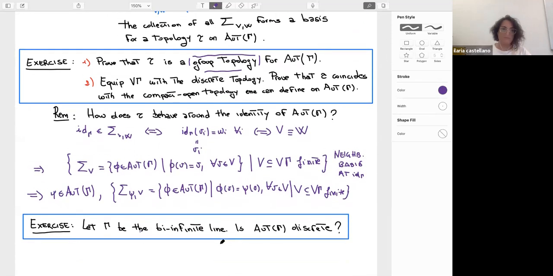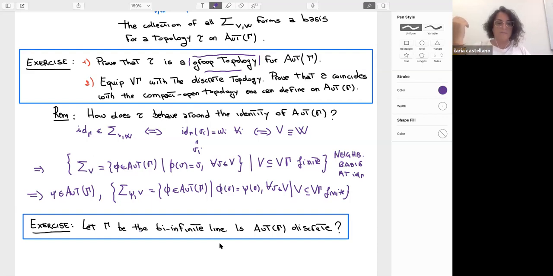There is an exercise here that allows me to make a remark, because now we have seen how it is possible to define a topology on a group in such a way that the group becomes a topological group, if you are lucky.